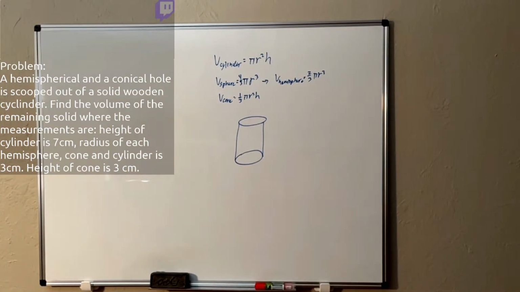So that's our cylinder. The cylinder has height 7. Oh, do we know the radius of the cylinder? Oh, yes, we do. 3.